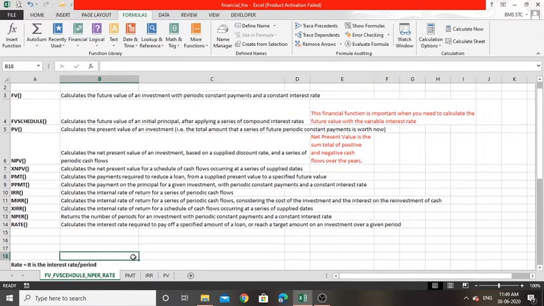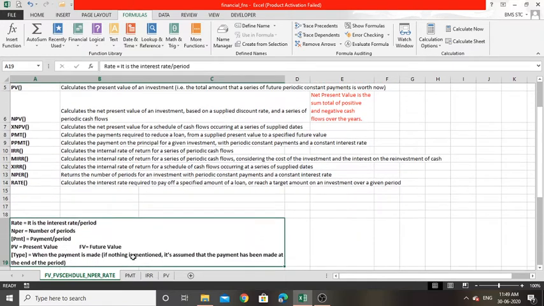Before moving on to the illustration of future value, let's learn a few terms that we will use as arguments in these financial functions. The first one is rate. Rate means the interest rate per period, which might be in a percentage value or in a fractional value.